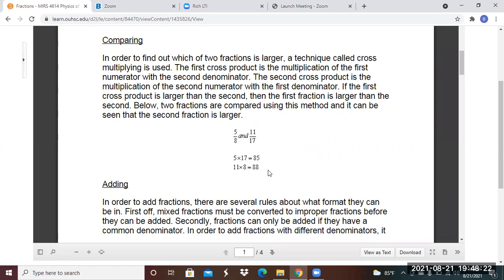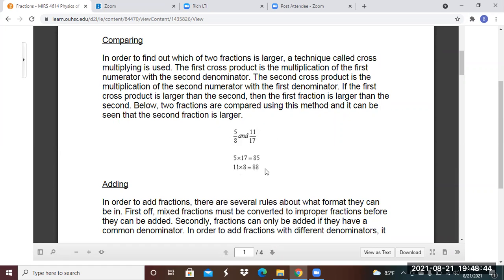Another way to do this is to find a least common multiple of the denominators, and then multiply these two numbers together and put that over that value, and multiply these two together and put that number over that same value. Essentially, that's what they're doing here.